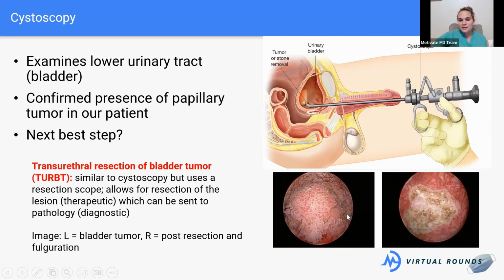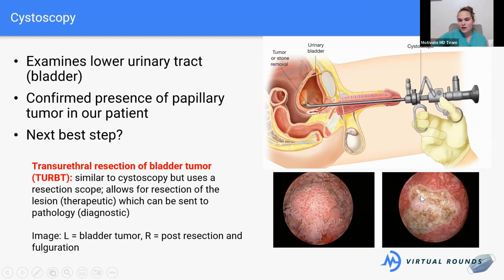And so these are just some pictures of the inside from the view of the cystoscope or the resection scope, where you can see this tumor here, and then you've removed it and you have this granulation tissue starting to form. Basically, what they do is they use fulguration. So they use almost like electrocautery to dissolve some of that tissue.